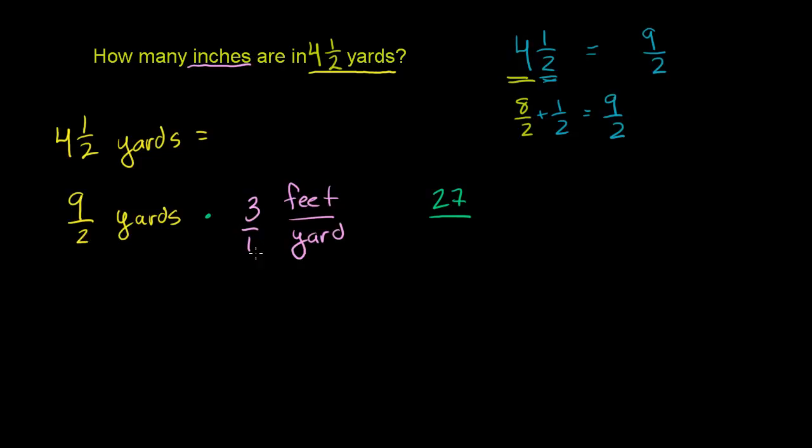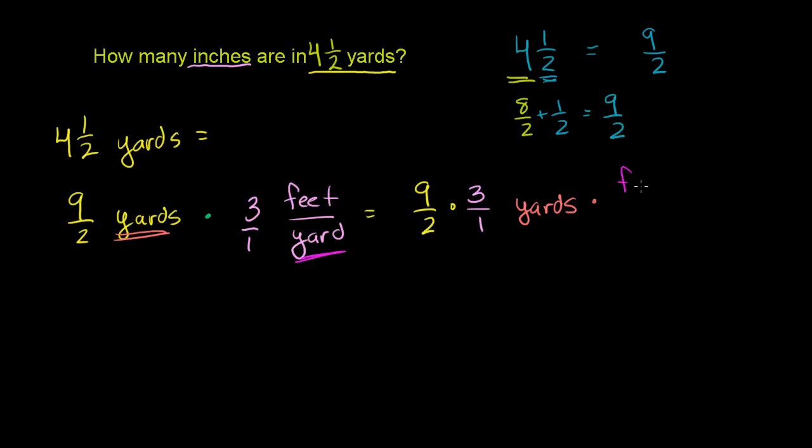Let me write it out. Let me take it step by step, not skipping any steps. So this is equal to 9 over 2 yards times 3 feet per yard.